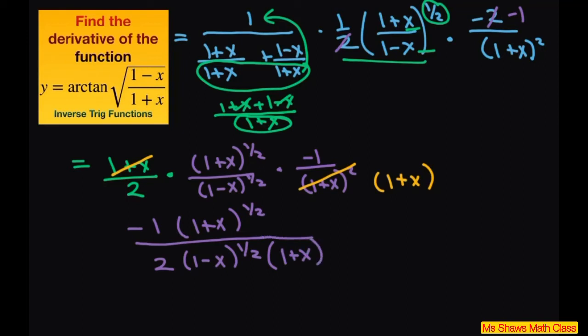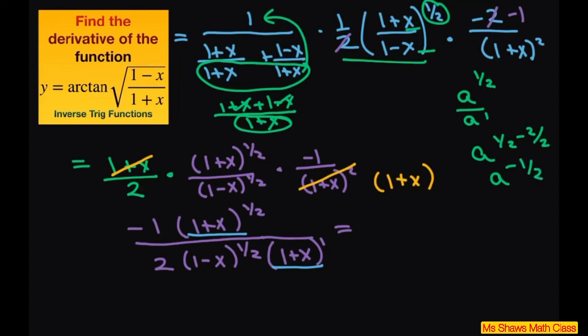Now, this simplifies. If you have some a to the 1/2 power divided by a to the first power, this is a to the 1/2 minus 2/2, so this is going to end up being a to the negative 1/2.